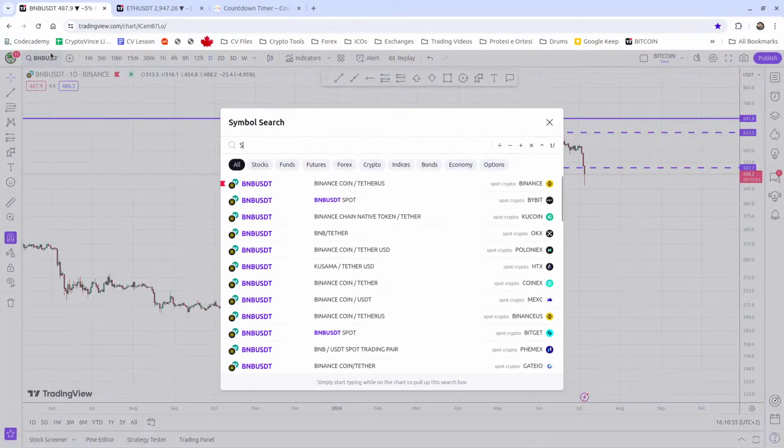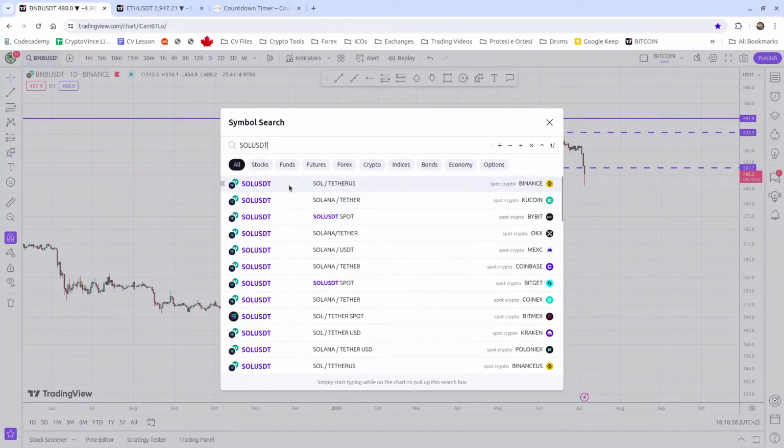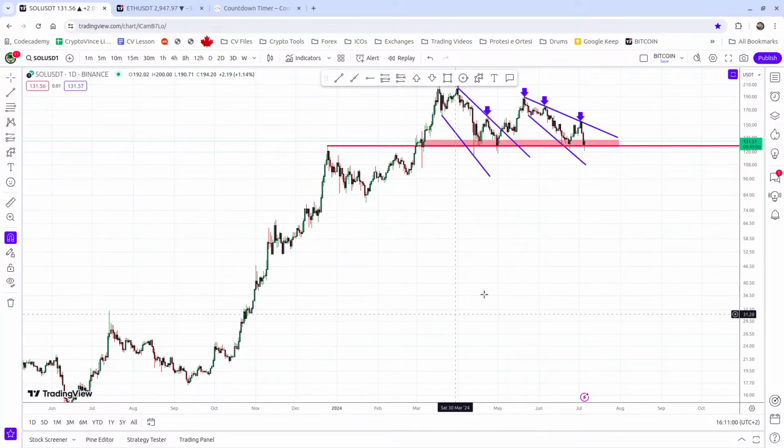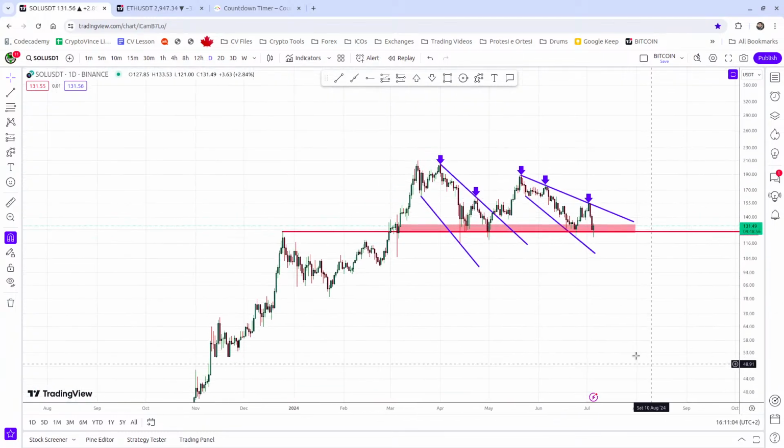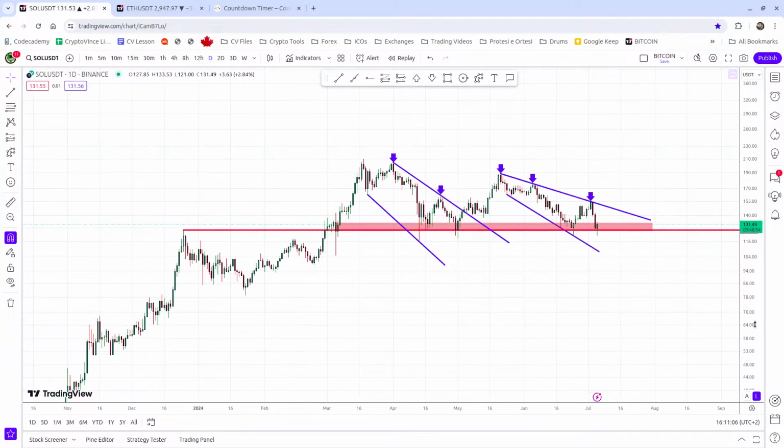Sol, let's check Solana. Solana is on support. It might go up from here too.